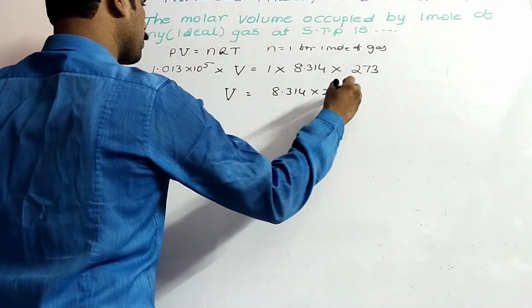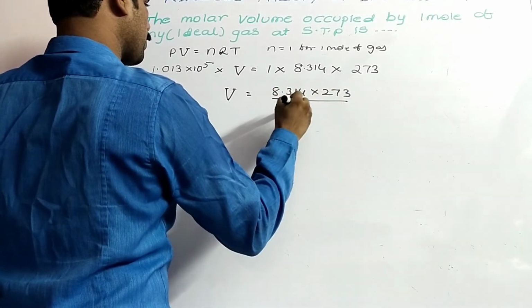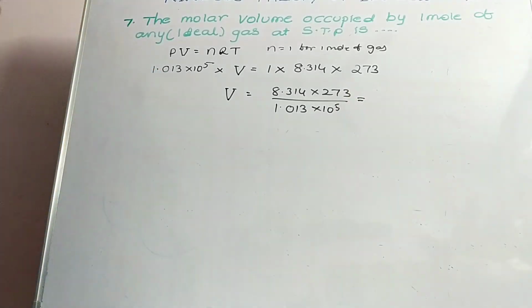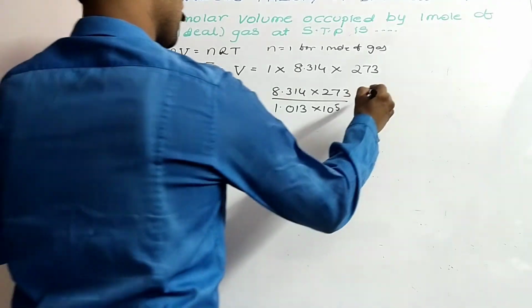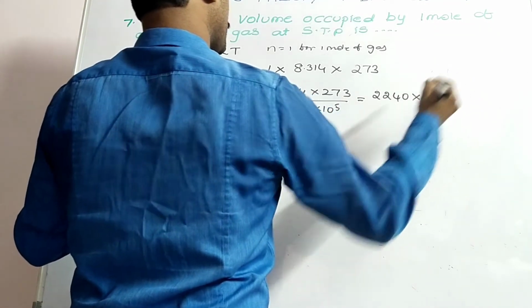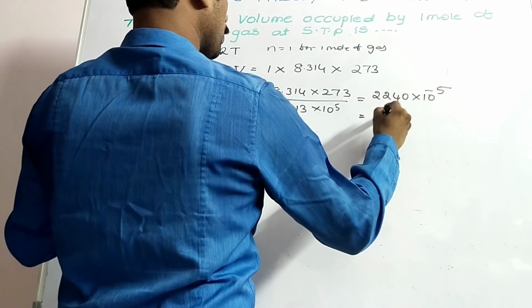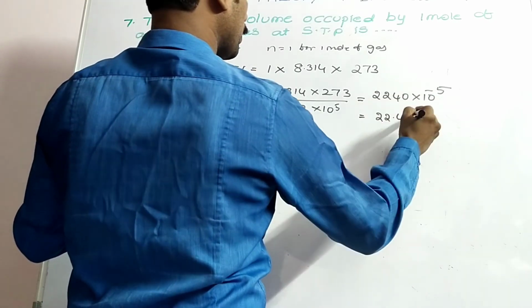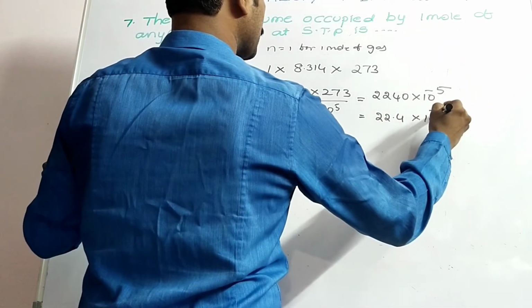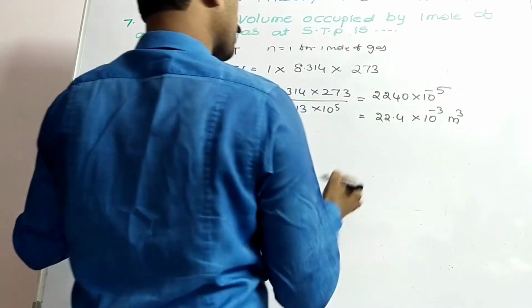8.314 into 273 by 1.013 into 10 power 5. That can be written as, that is equal to 22,400, 2240 into 10 power minus 5, that is equal to 22.4 into 10 power minus 3 meter cube.